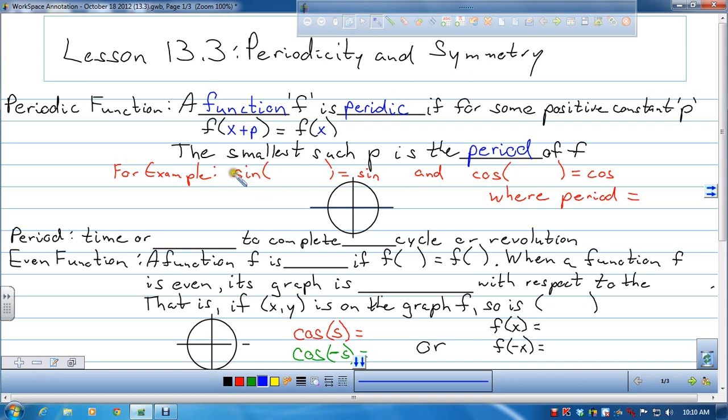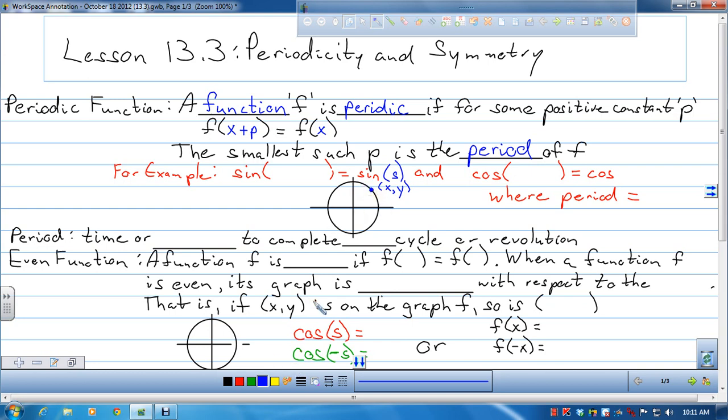For example, let's first look at the sine of s. Let's say that s value were up in here. That's going to be some x and y value.